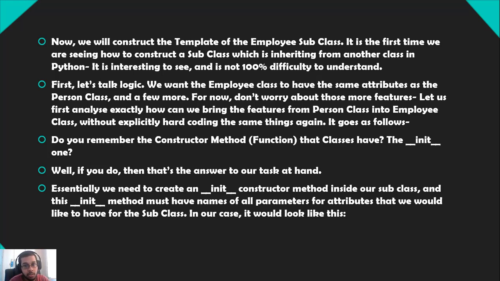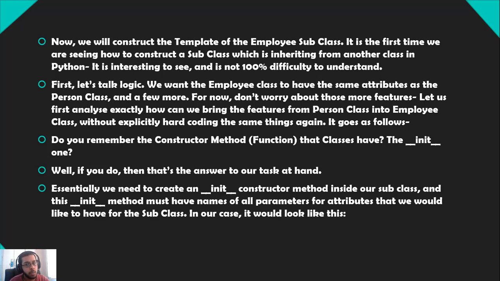It goes as follows. Do you remember the constructor method that classes have? The init one. Well, if you do, then that's the answer to our task at hand. Essentially, we need to create an init constructor method inside our subclass, and this init method must have names of all parameters for attributes that we would like to have for the subclass.